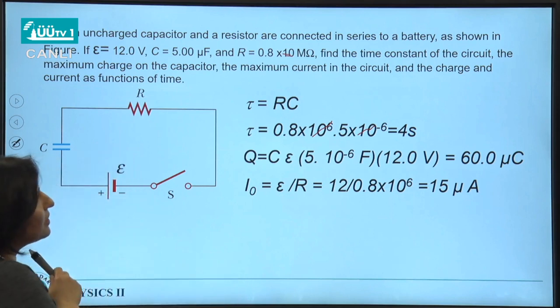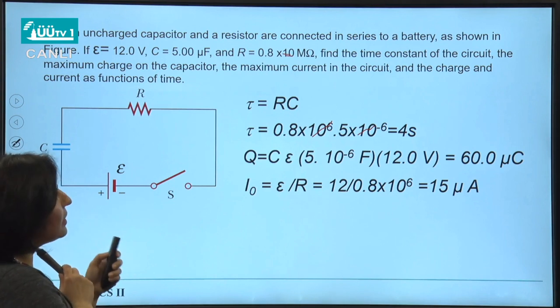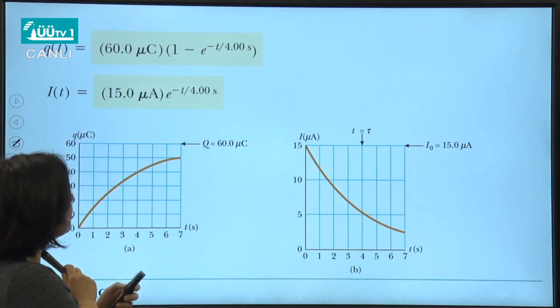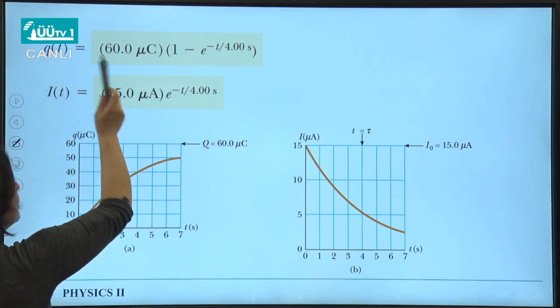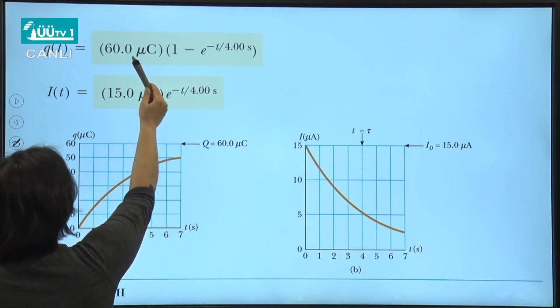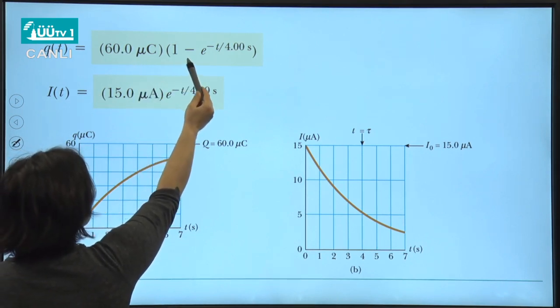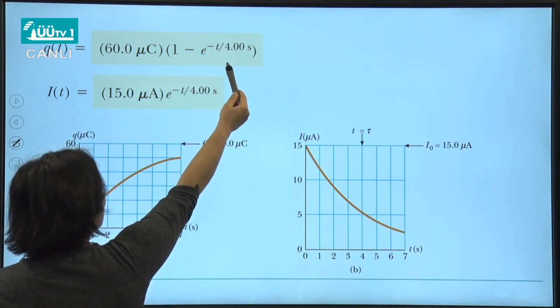Can we write both equations for the current and the charge while we are charging the capacitor? Remember the formula which we obtained: Q equals Q maximum times 1 minus e to the minus t over RC.